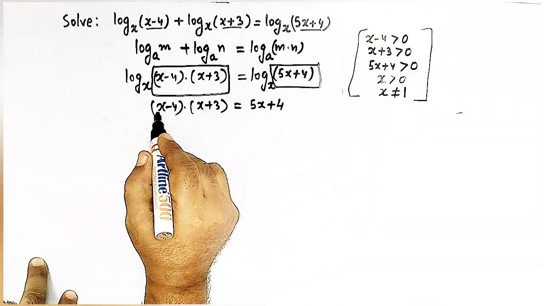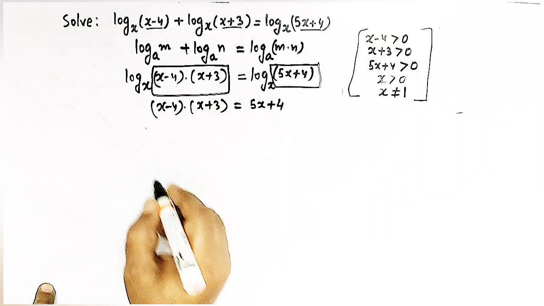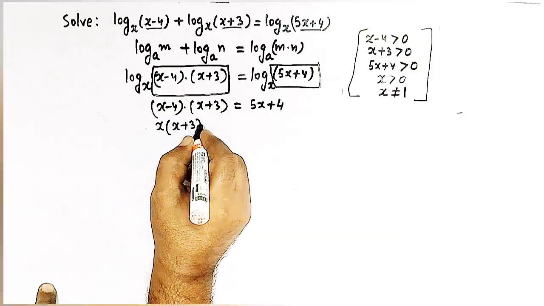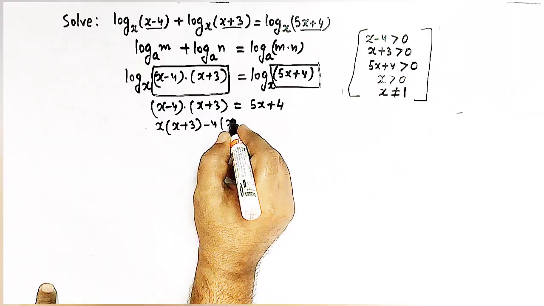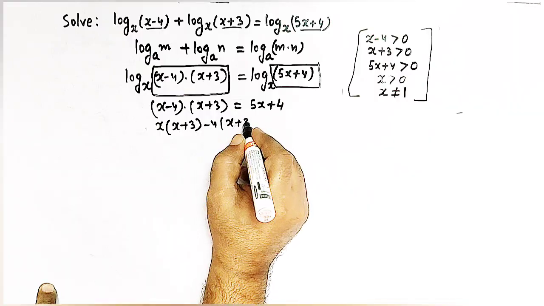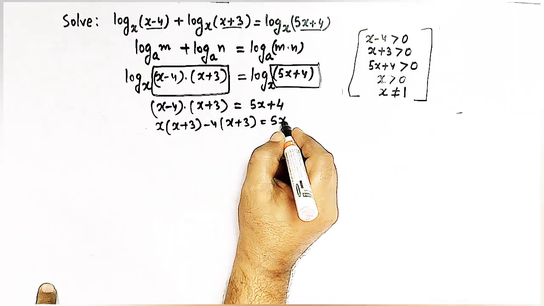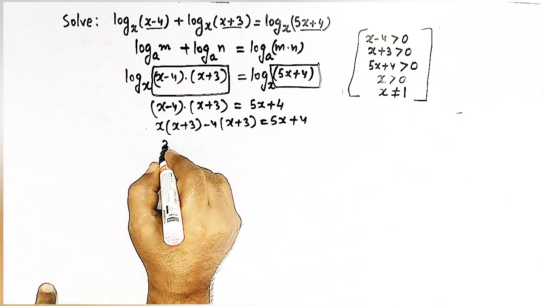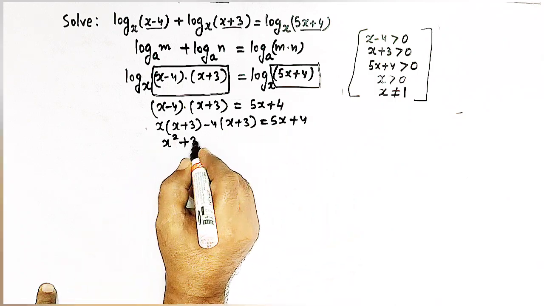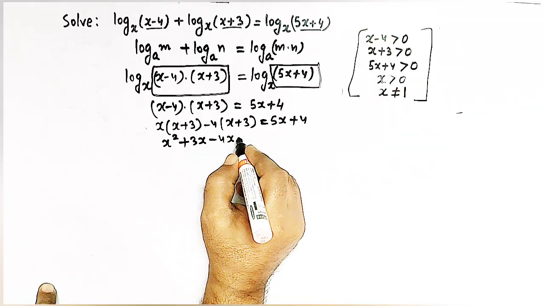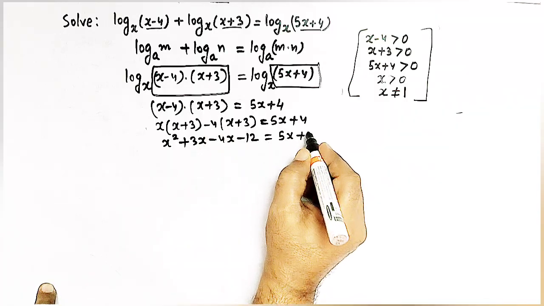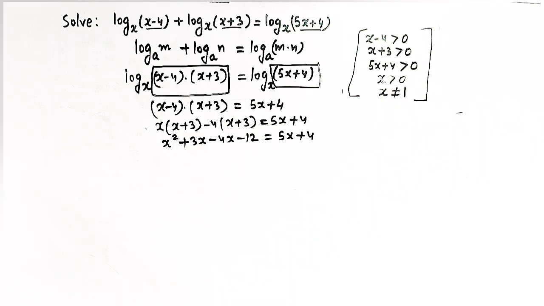So now let us multiply these two binomials. So we have here x times x plus 3, then we have minus 4 times x plus 3, and here we have 5x plus 4, right? So here we have x square, then we have 3x minus 4x minus 12, and this is 5x plus 4.